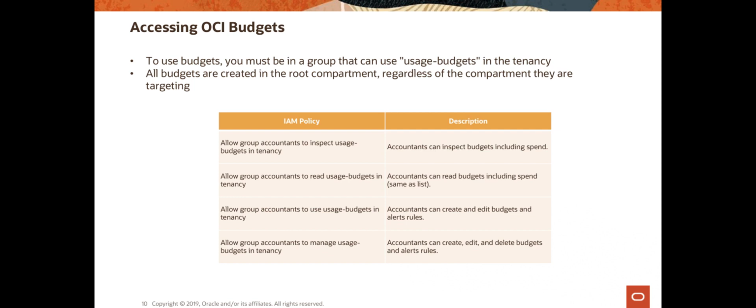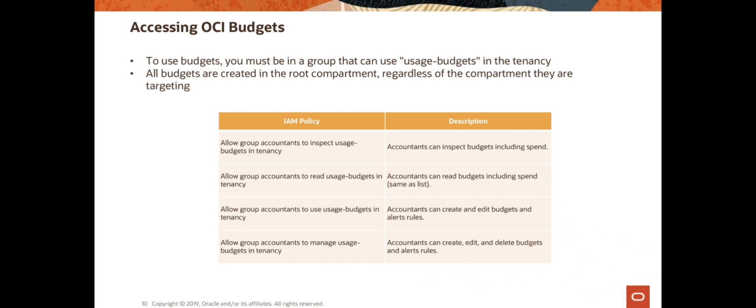And these are sample IAM policies that you would need to write using your IAM policy section that can let a particular group inspect usage budget or read usage budgets or use them or to manage them.